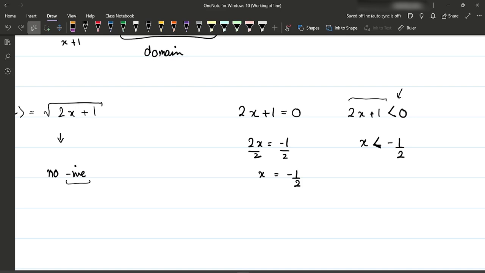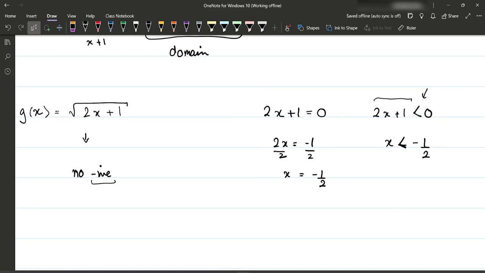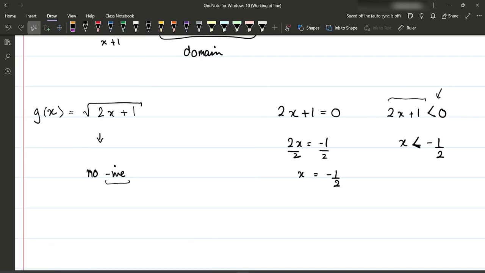Now let's check using our calculator. This can also be equal, because if x was equal to minus 1 over 2, then our answer would be 0, and the square root of 0 is still 0, right?